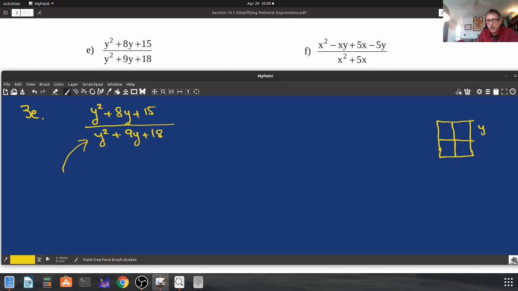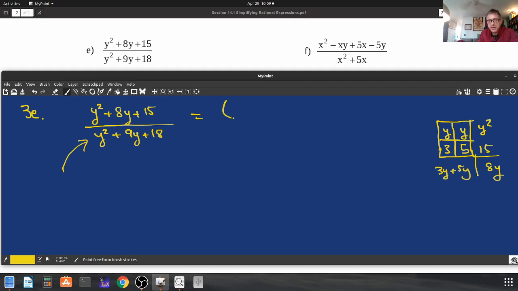So that's going to be y squared, 15, and 8y. It's kind of nice when the leading coefficient is 1, because I only have one option for that first top row. In 15, I'm going to say 3 times 5 gives me 15, so that gives me 3y plus 5y, so that's equal to 8y.